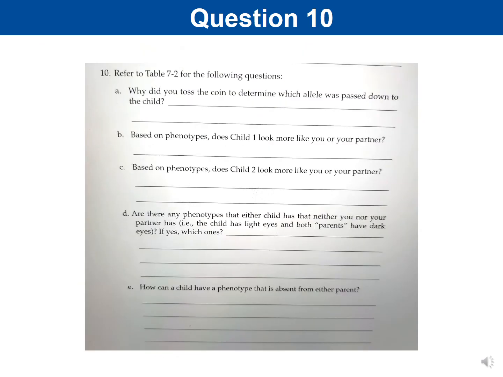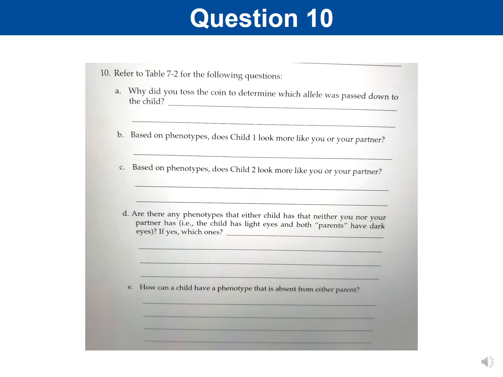For question number 10, why did you toss a coin to determine which allele was passed down? We talked about that earlier, so go back and listen to the video. Why use a coin versus, let's say, a six-sided die? B, does child number 1 look like you or your partner? Look at the traits of the child and compare them with your traits and the traits of your partner.